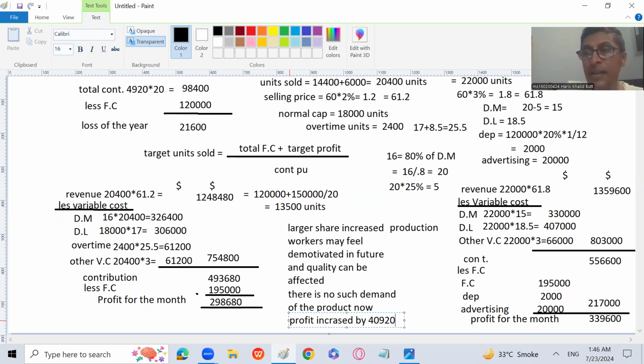So maybe in the long run, we are able to sell more units, and maybe more trade discount will be given, because the trade discount has already increased from 20% to 25%, right? Secondly, I told you that the machinery may improve quality, and more efficiency will be created. Then, because of advertisement, we are able to sell more units. So that will increase the sales units in the long run.